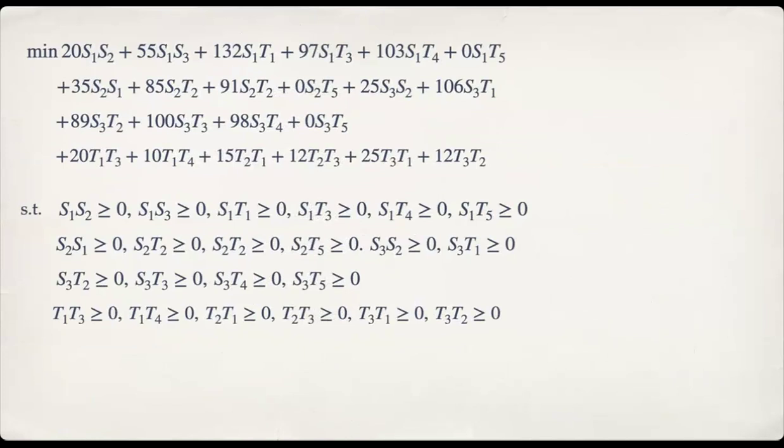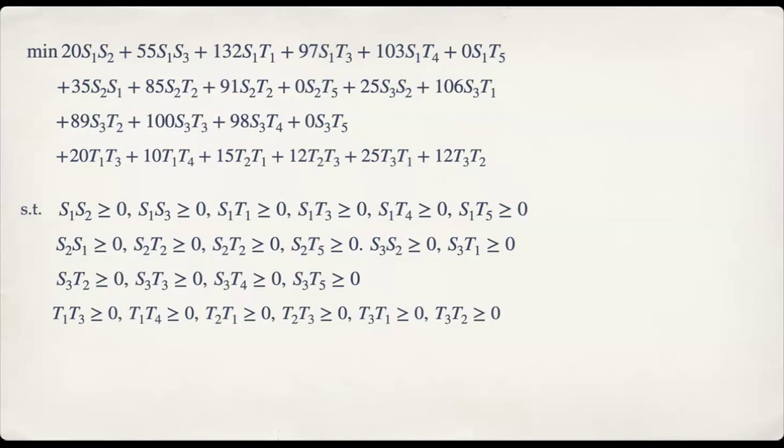We define our decision variables as S1, S2. S1, S2 is one variable, not two variables: the amount of goods we ship from S1 to S2. And S1, S3 means the amount of goods we ship from S1 to S3.